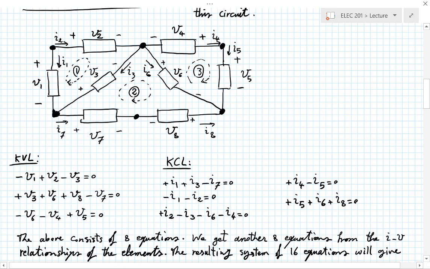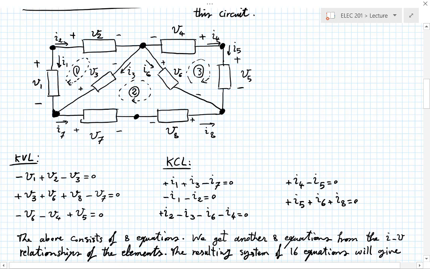I got 5 KCL equations out of 6 nodes. And there's going to be one node that can be written as the combination of other equations. So if I wanted 8 equations, I know I'm getting 5 out of KCLs. So I know I need 3 more that I'm going to get out of KVLs. So by counting the number of nodes, it's easier maybe to see how many independent KCLs you have. And then based on that, you know how many independent KVLs you have.